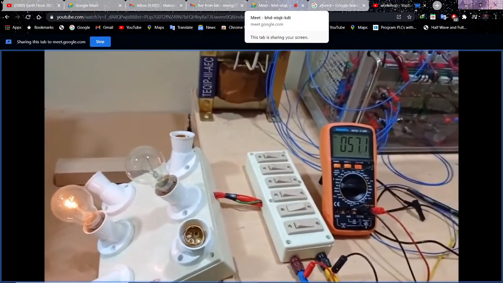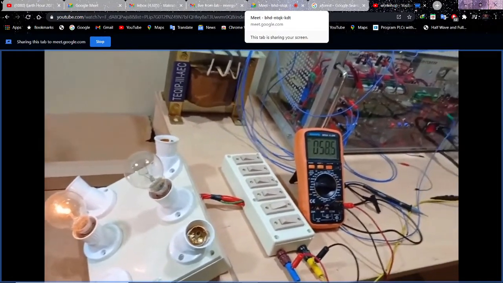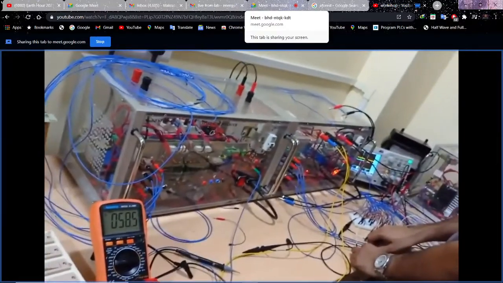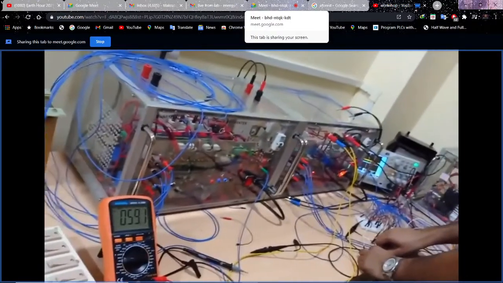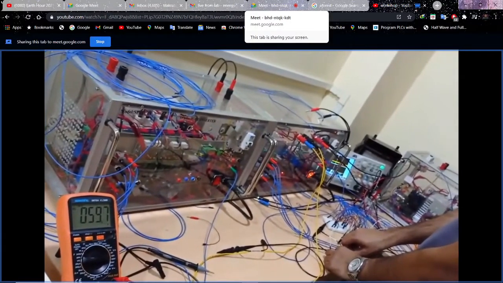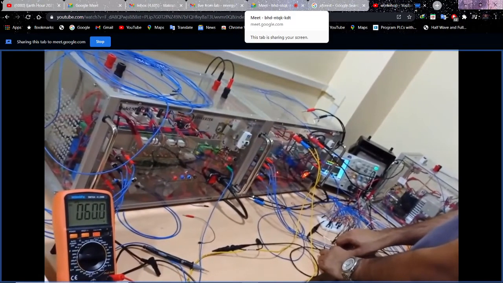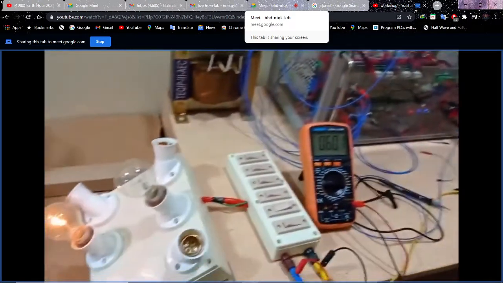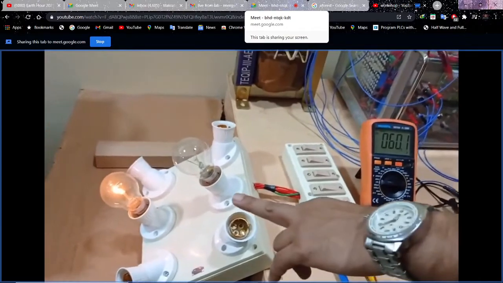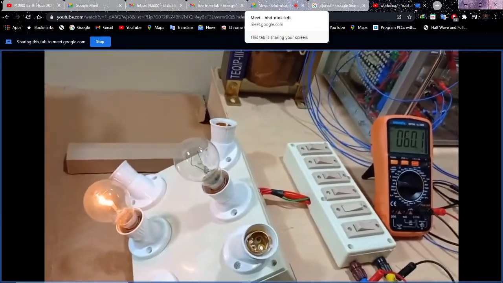So 57, it will go up to 60. Let's see. We have reached around 60 volt. There is a significant boost in the illumination of this lamp, we can see.